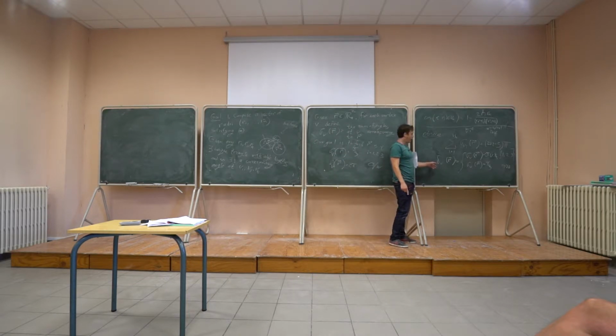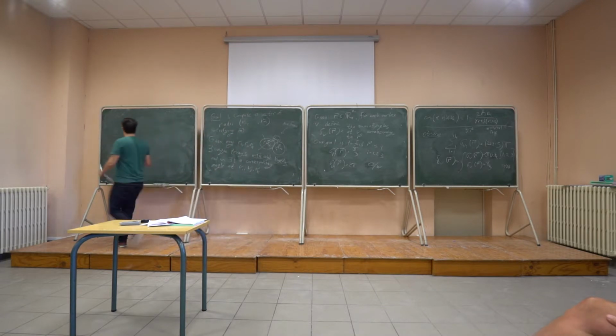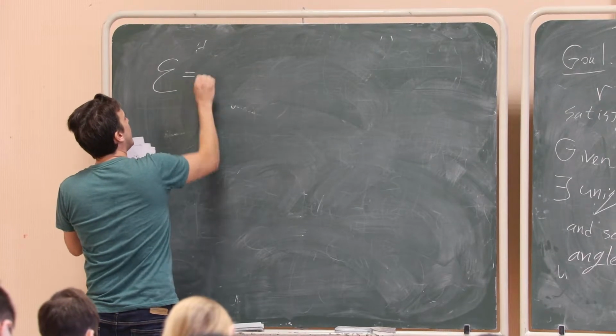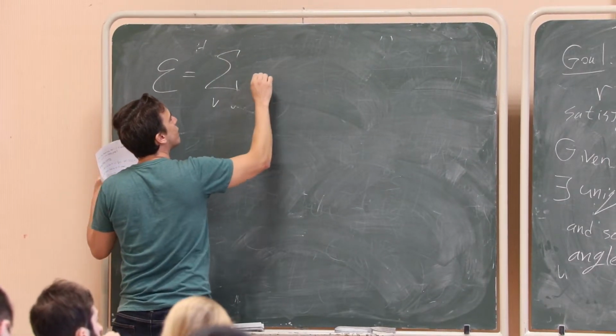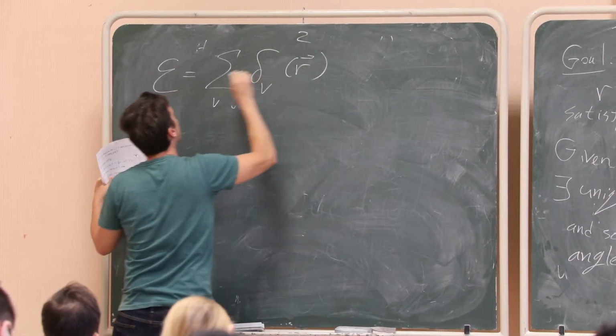It's natural to look at the sum of squares of these things. This is some way of controlling the errors. And then I will define this E to be the sum over V of delta VR squared.